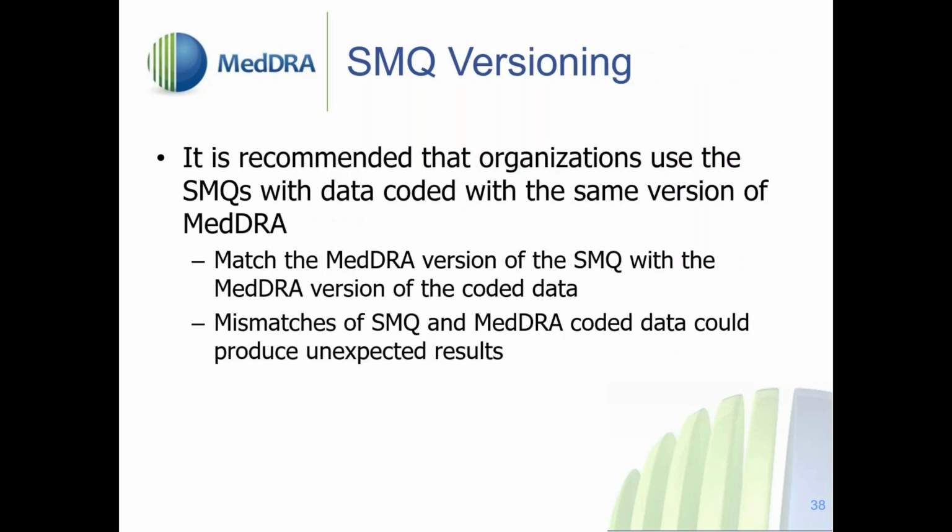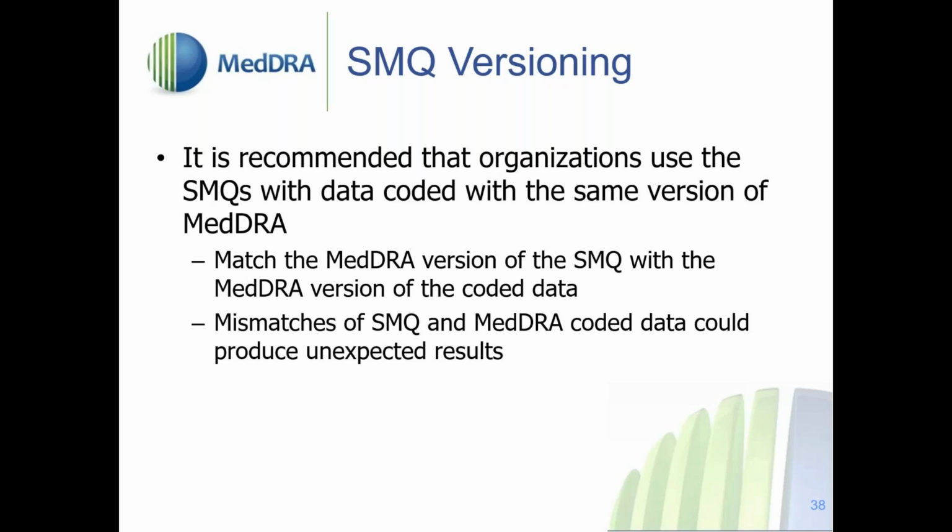So when we talk about SMQ versioning, it's always recommended, and it's best practice, that when you use an SMQ to run an analysis against coded data, the version of that SMQ must be the same version as the coded data. Otherwise, you might be looking for a term that was not coded in that older version.